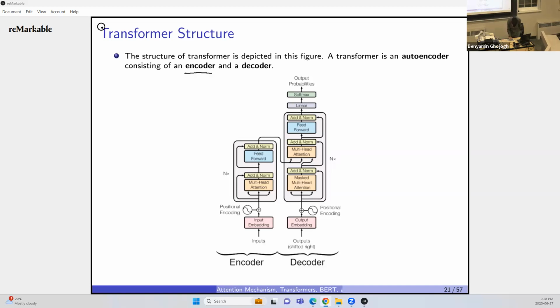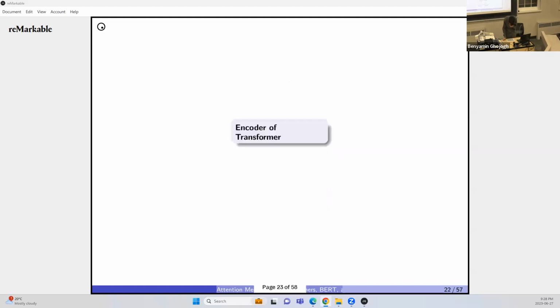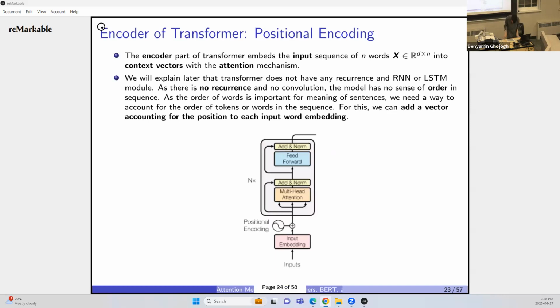And we have encoder and decoder. Let's talk about each of them. Encoder of transformer. So encoder, what does it do? It takes the input sequence of n words, each of which is D-dimensional. And D-dimensional is, you tell me, word2vec embeddings, right? And then it maps them into context vectors with attention mechanism. We will see the details.